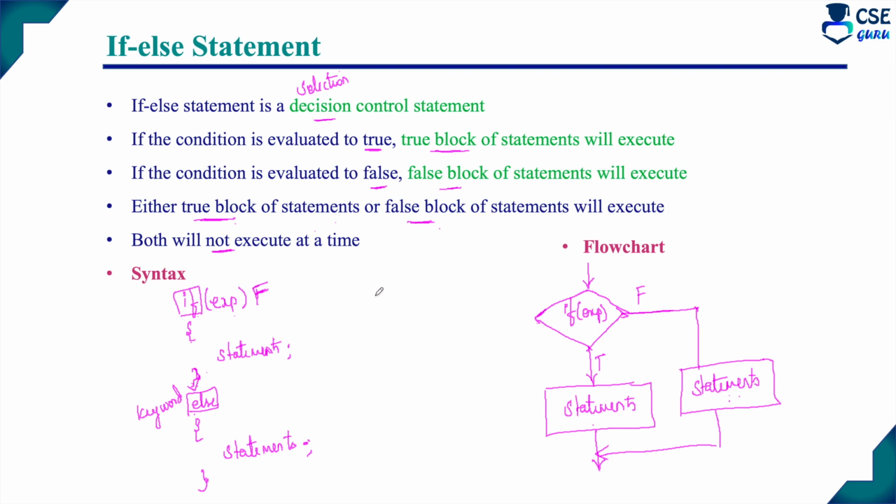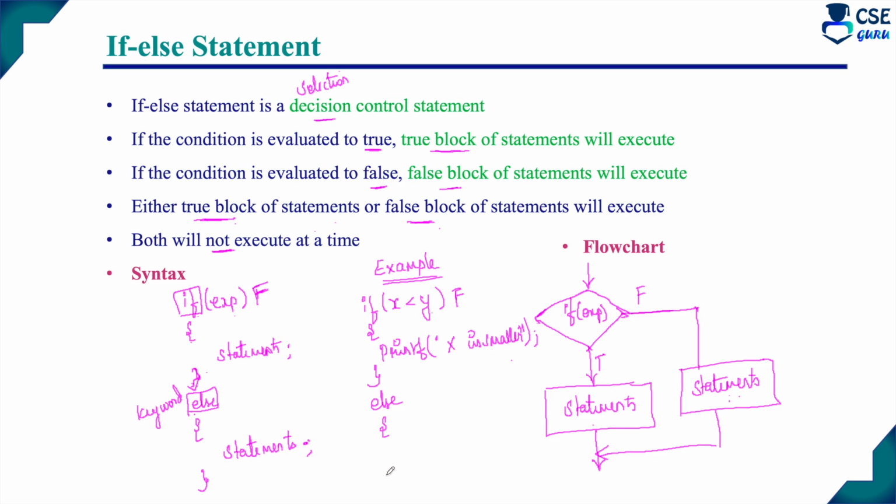For example, I am checking the condition if x is less than y. If the condition is evaluated to true, here I will printf "x is smaller", since x is less than y means x is the smallest element. Else, if this condition is evaluated to false, the meaning is x is not smaller than y, so y is smaller.